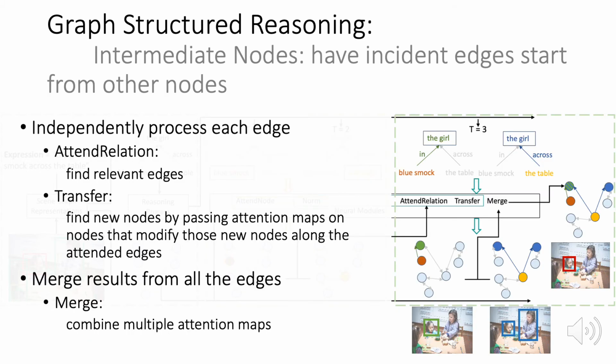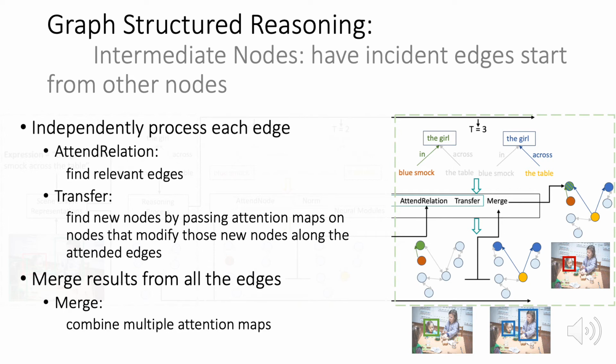For intermediate nodes which have incident edges, its relevant nodes in the image semantic graph should depend on the corresponding visual context and its connecting nodes and the edges between them. For example, for the node of the girl, its corresponding visual objects not only depend on the node itself but also rely on its relationship with the identified blue smoke and table.